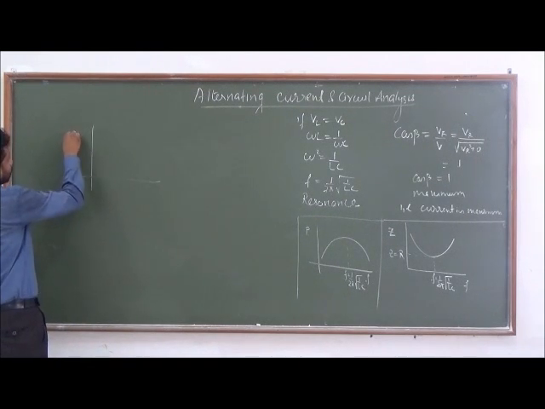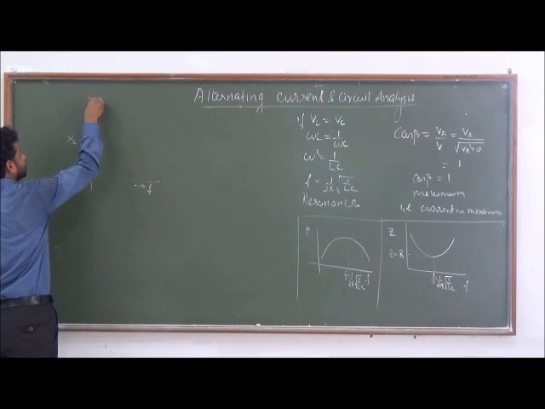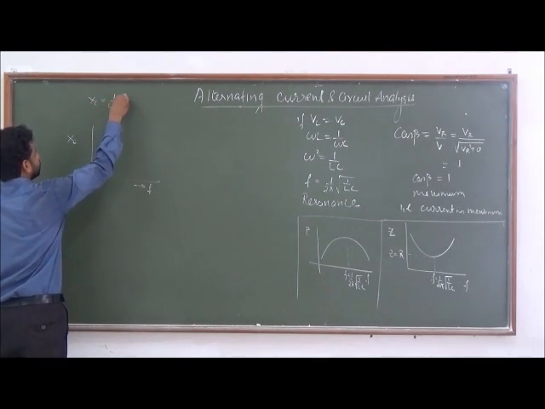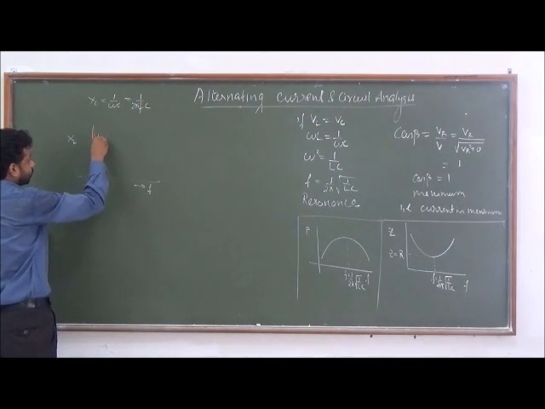Suppose I want to plot XC with respect to frequency. Now we know that XC is equal to 1 by omega C, which is equal to 1 by 2 pi f into C. So basically the graph looks like this.